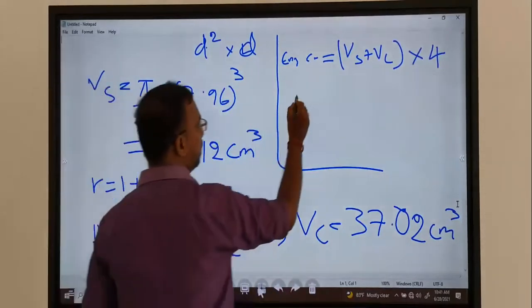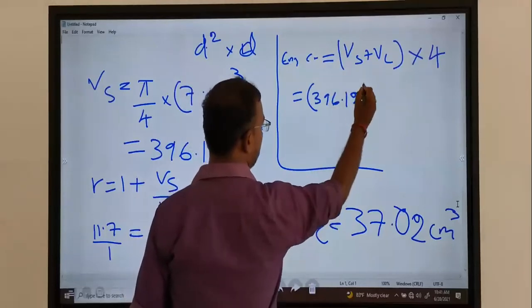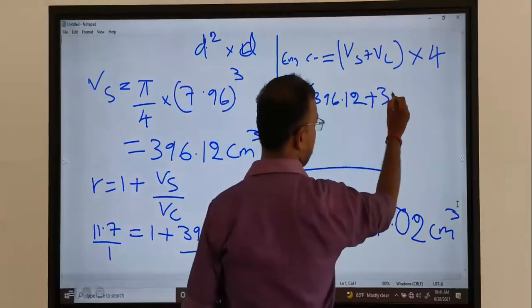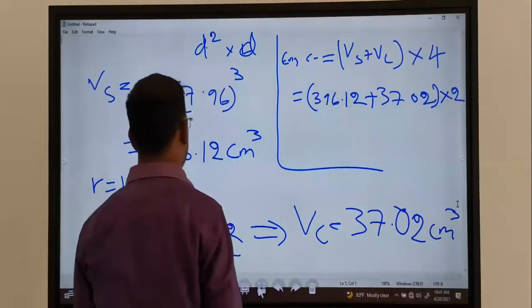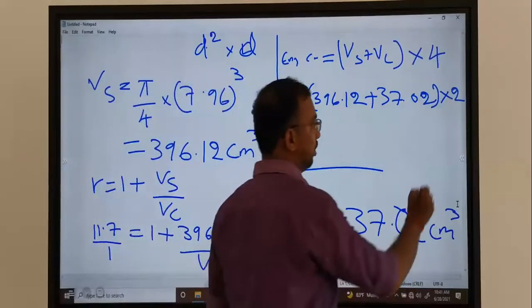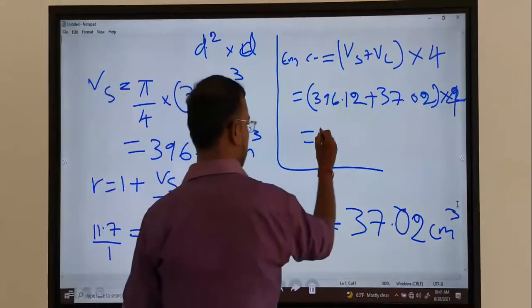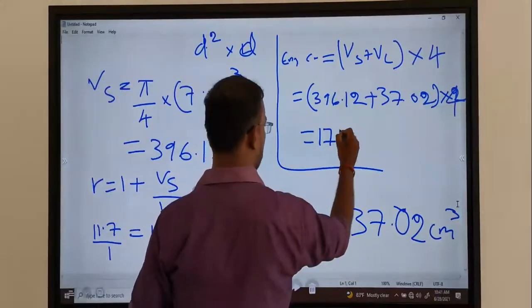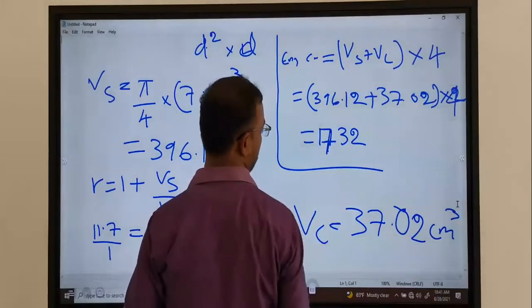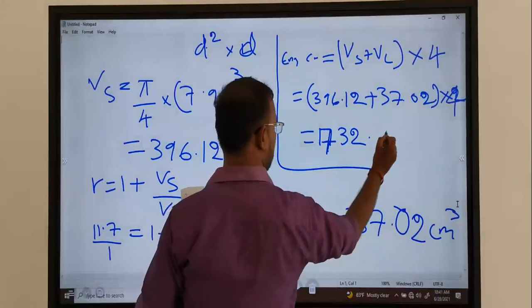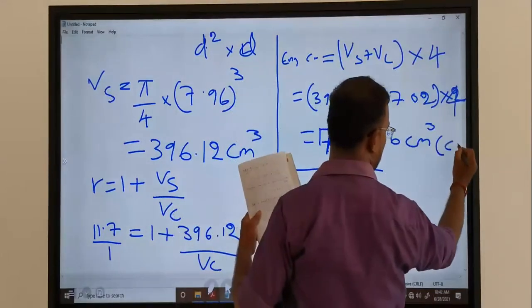So 396.12 plus 37.02, multiply by 4, sorry, not 2, multiply by 4 equal to this is the engine capacity, cc.